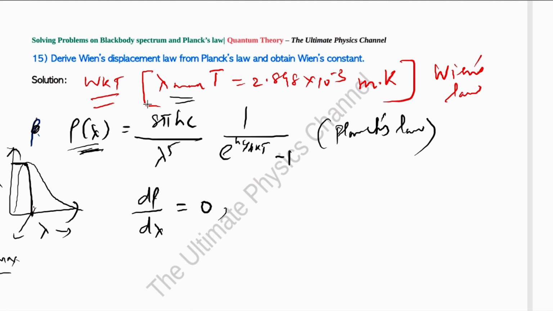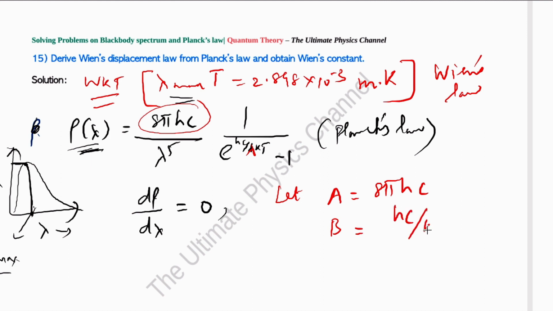Of course, in this expression, let's assume this particular constant, a, is equal to 8 pi hc, and then in the denominator we have hc over lambda kt, right? In this, let's take b is equal to hc over kt.